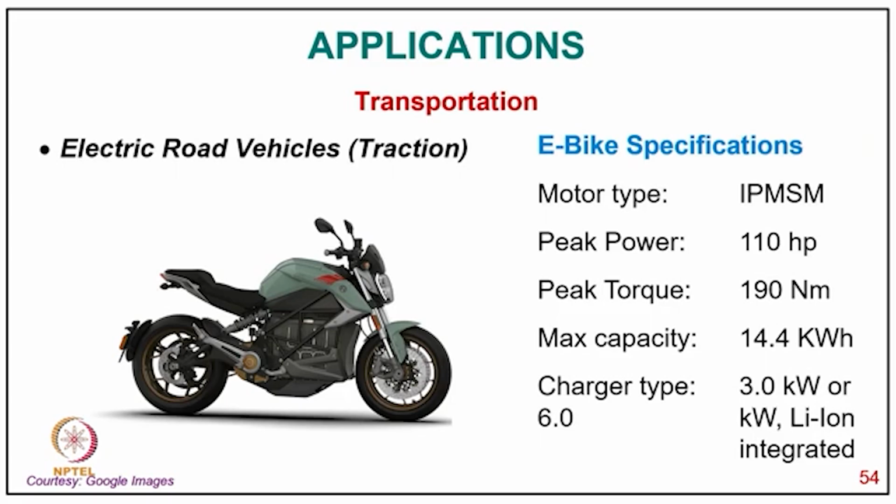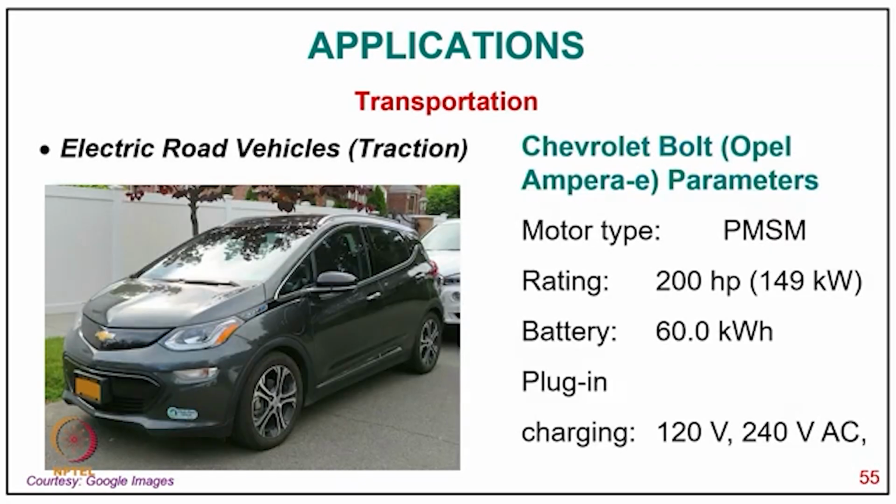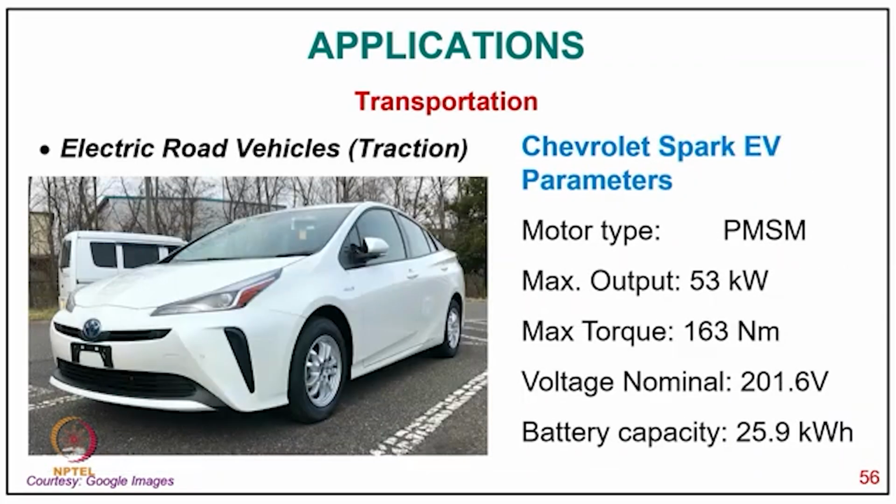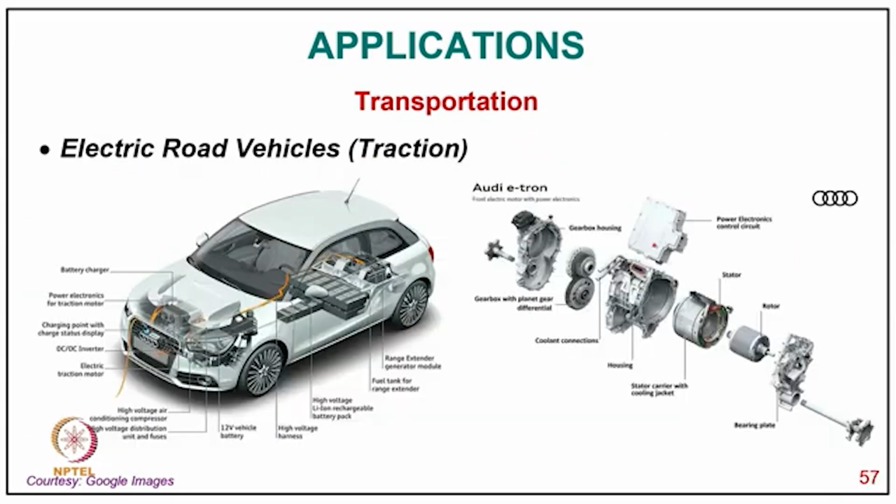Then electric vehicle traction system of motor of interior permanent magnet synchronous motor of 110 horsepower and peak torque of 190 Newton meter in two-wheeler. Then in four-wheeler electric transport, Cell Bolt Open Emperor by permanent magnet motors of 200 horsepower in this car, and permanent magnet brushless of 53 kilowatt by Cell Spark, another model.